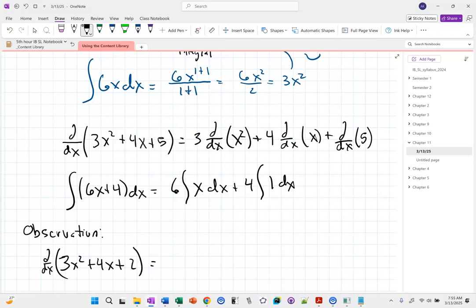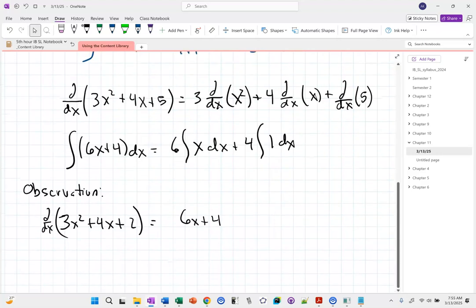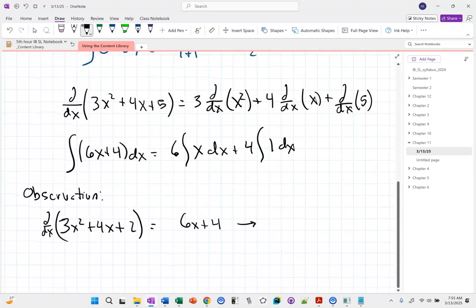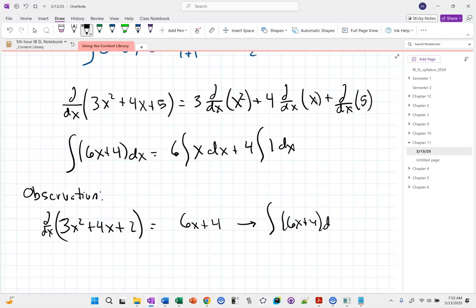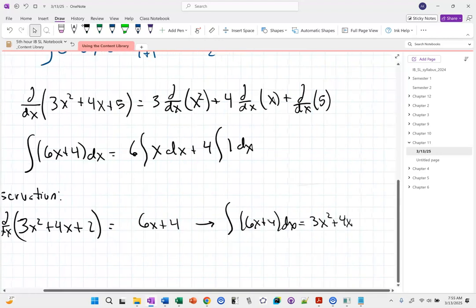Nobody can do the derivative of 3x squared plus 4x plus 2? Yeah, 6x plus 4. Which means then that if I do the integral of 6x plus 4, I should be getting that guy back again, right?